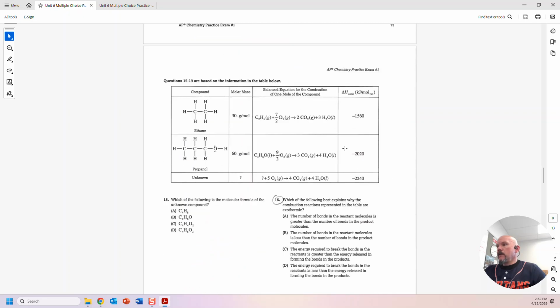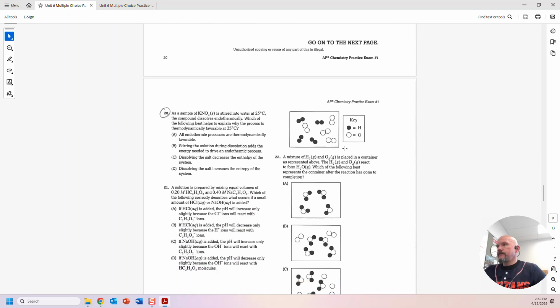All right, we go to the next one. Here is another one of those questions: what's driving the favorability? It's a favorable reaction when we drop this salt in water, it starts to dissolve. The reaction's thermodynamically favored. They tell us that in the question, but they also tell us when it dissolves, it's an overall endothermic process.